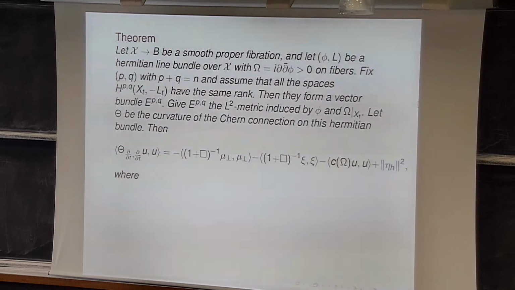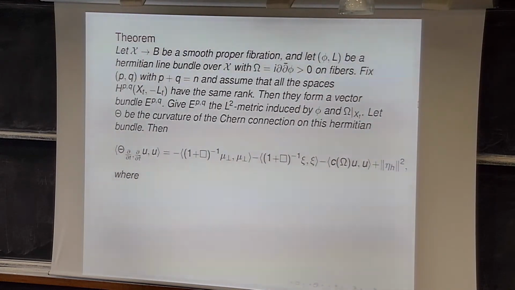Let's see. So we have the same situation as before. We have the total space and the smooth proper fibration. And we have a Hermitian holomorphic line bundle there on the total space. And we are assuming that it is strictly positive on fibers. I assume still that p plus q is equal to n. And I assume that all those spaces for all different fibers have the same rank, or the same dimension.